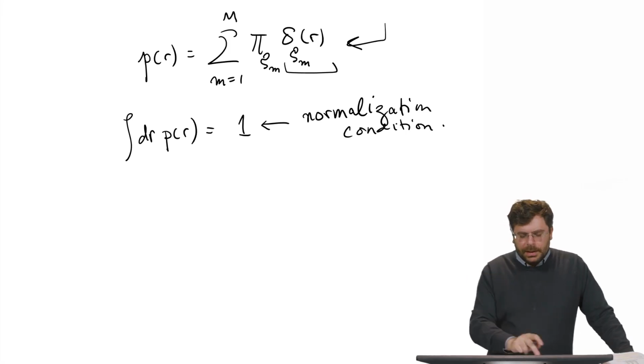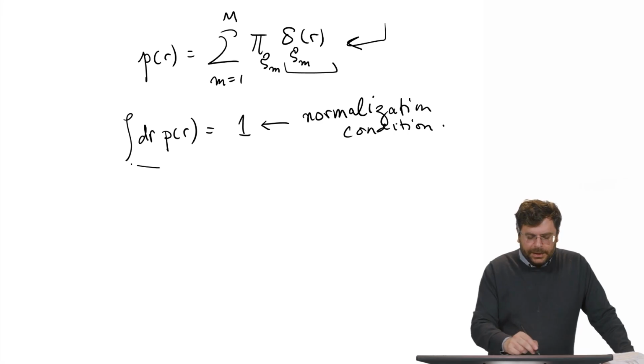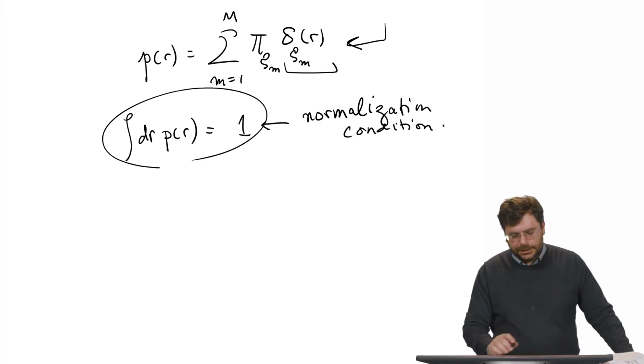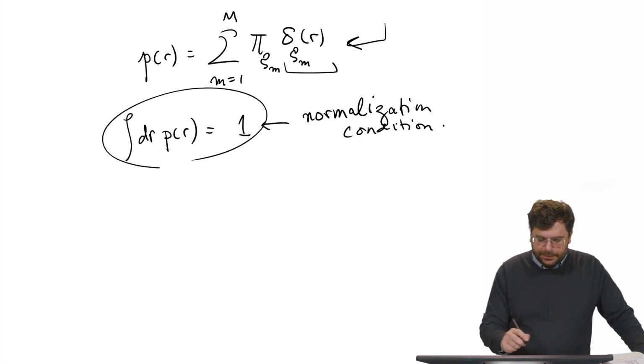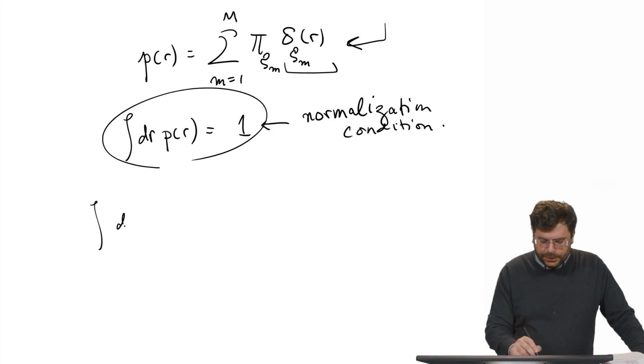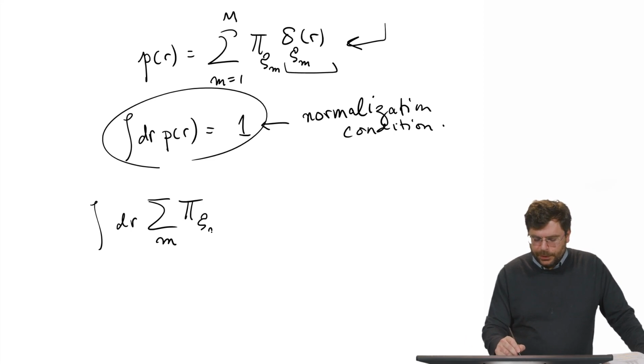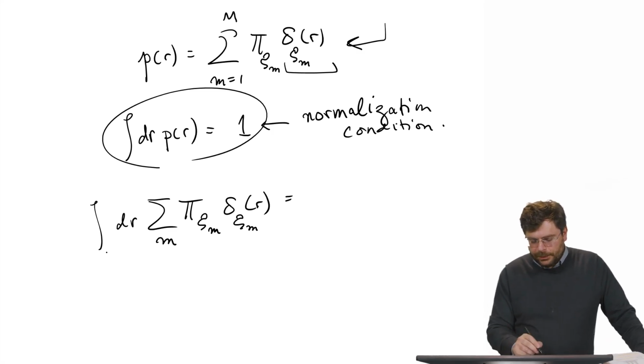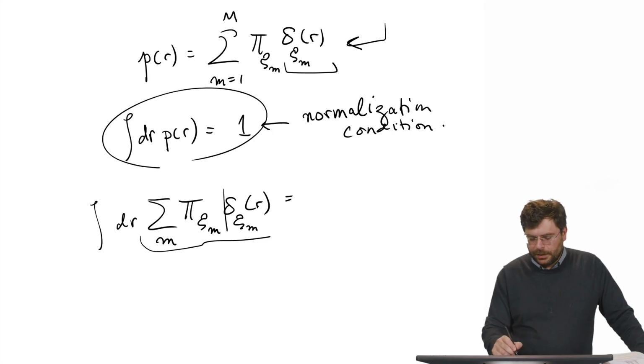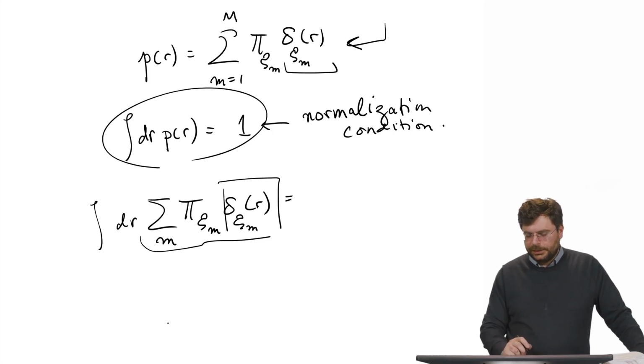Okay, so how are we going to verify this here? Let's go ahead and try doing the integral. So we're going to have the integral dr of this sum. I'm not going to write the boundaries of the sum just to save a bit of time. Pi sub rho m delta rho sub m of r. Now, the only thing in the integrand here to depend on r is the delta function.